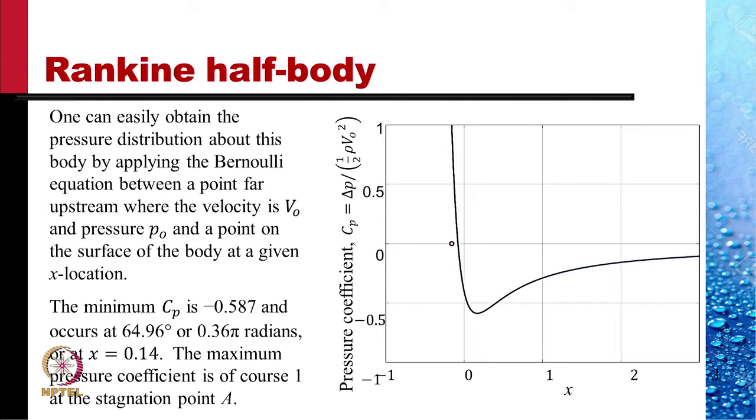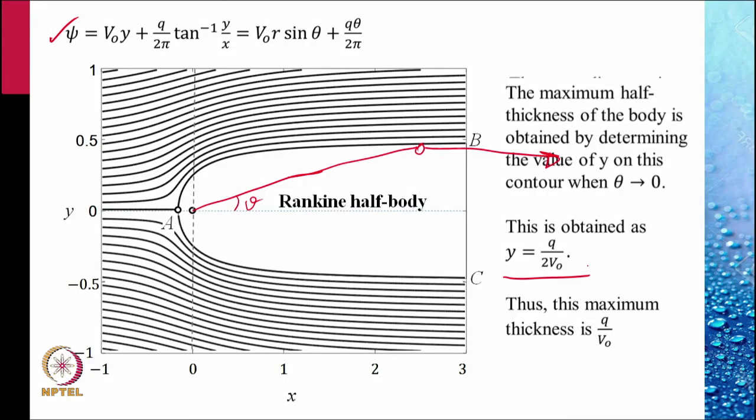Thus, we take a point 1 far upstream where the velocity is undisturbed V naught and the pressure is p naught, and the second point we take is a point on the body surface at a coordinate x.